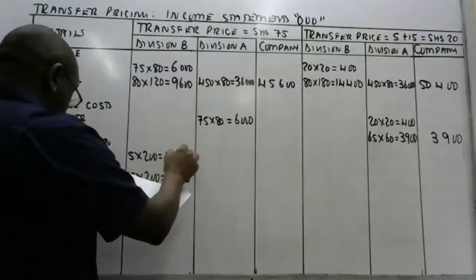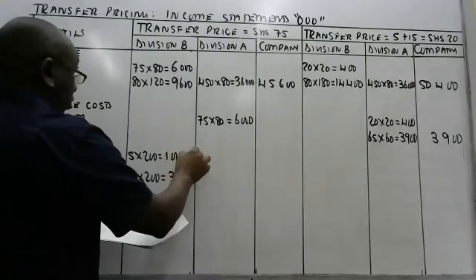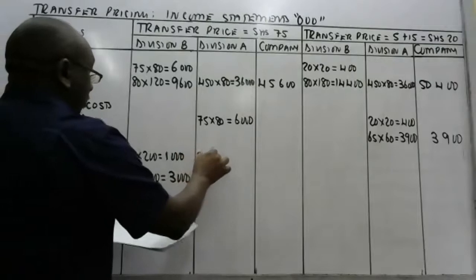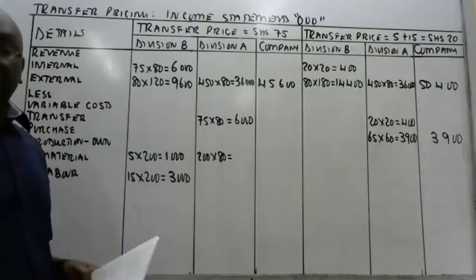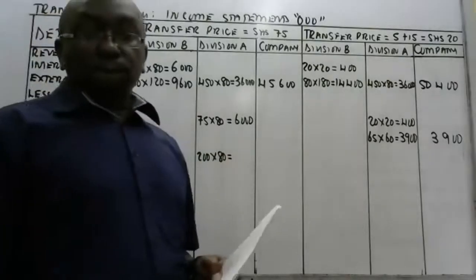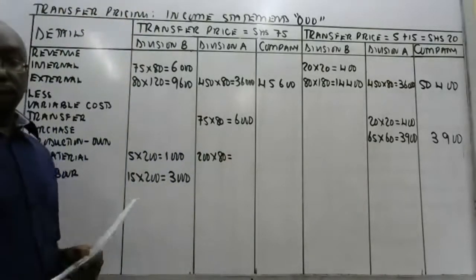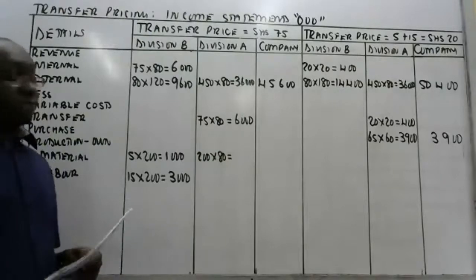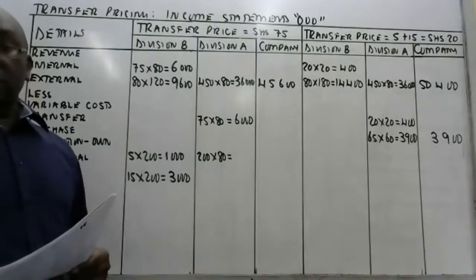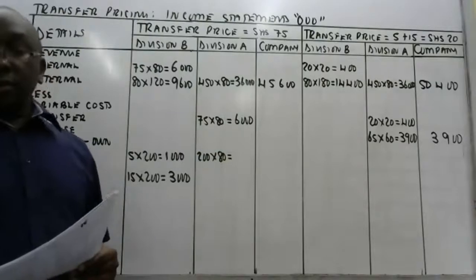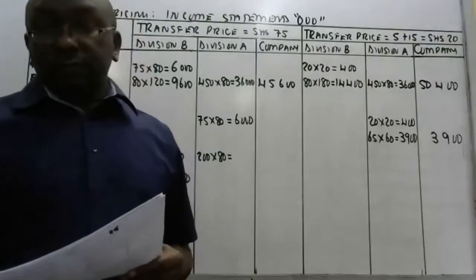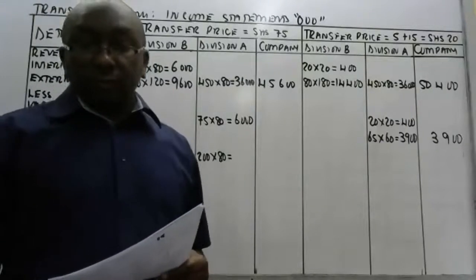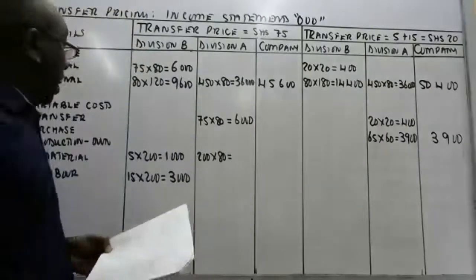Material is 200 shillings, so it will be 200 times 80, which is 16,000.